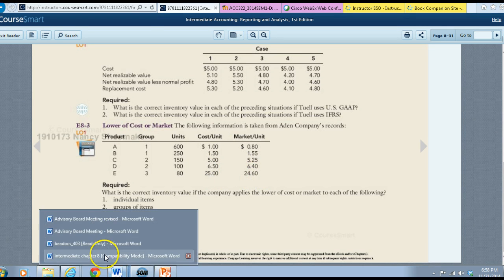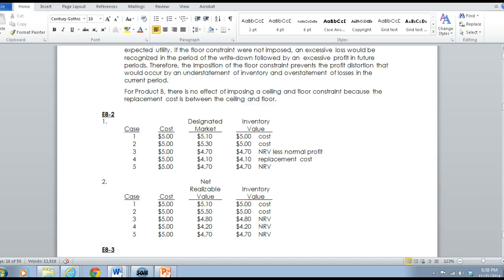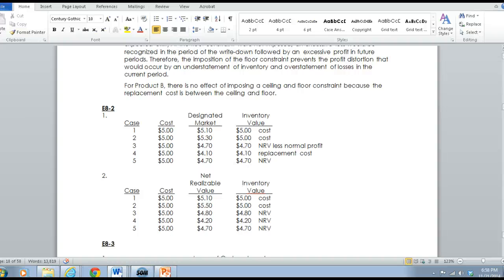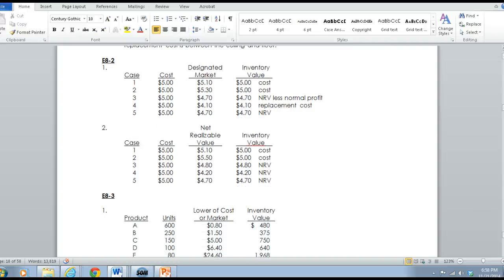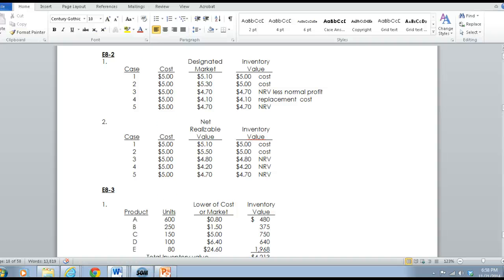So the key here is to see how the loss is going to be, the amount of the loss based on using it individually and then per grouping. So as you see here, the cost was 5, the market was 5.10, so we're going to stay at cost.